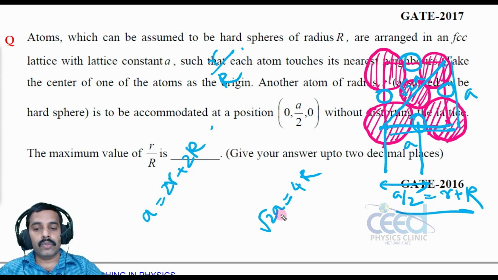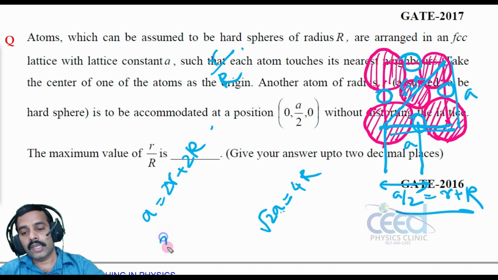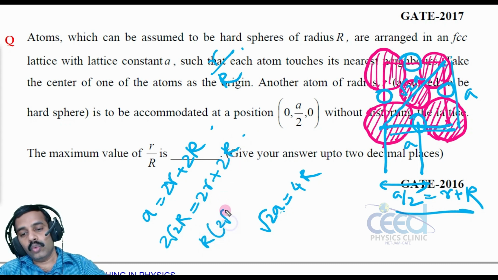From this expression we can write A as 4 by root 2 R, that is equal to 2 root 2 R. So A is equal to 2 root 2 capital R, equal to 2R plus 2r. Now what is this 2r? That is R into 2 root 2 minus 2, equal to 2r.